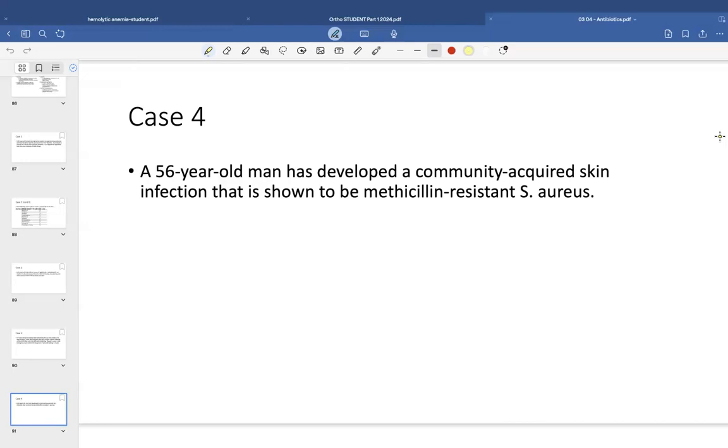The allergy issue is another thing that classmates asked about. When it comes to sulfa allergy, it's pretty straightforward. We avoid sulfa drugs in those patients. Penicillin allergy is a little bit more nuanced. If it's documented as a penicillin allergy, we avoid all other penicillins altogether.